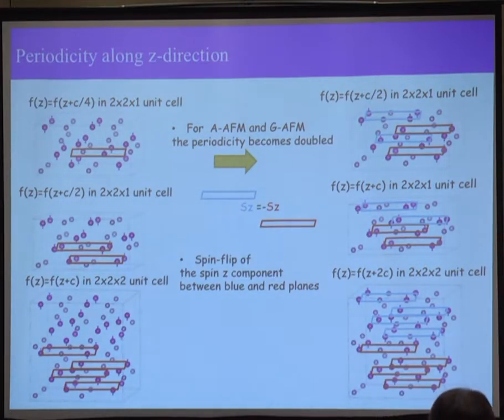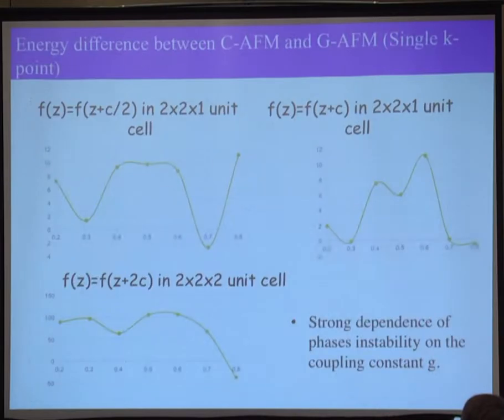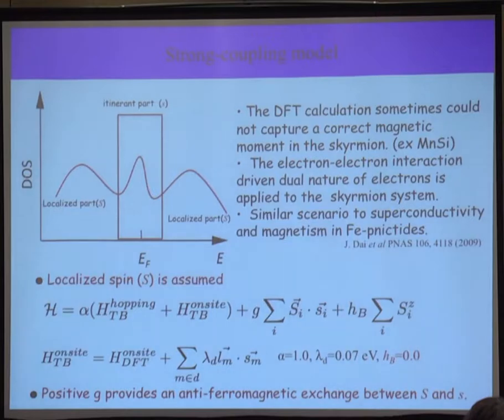So that actually connects the crossover between the 2D feature and the 3D feature. For that, we first do this small unit cell calculation to look at the energy difference between the C type and the G type. And indeed, as a function of the coupling constant, which is extremely important, the G here, which I forgot to mention, is this one.